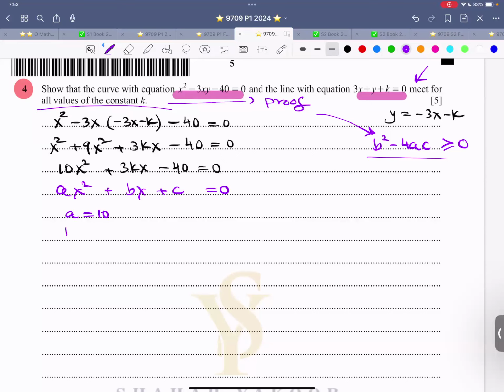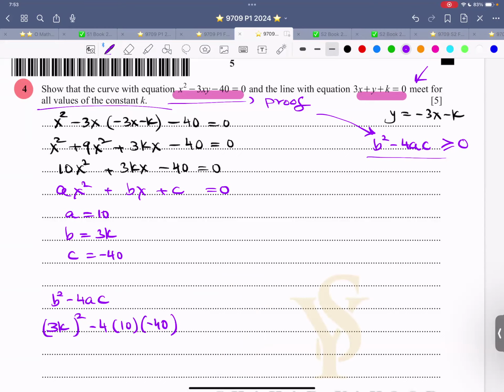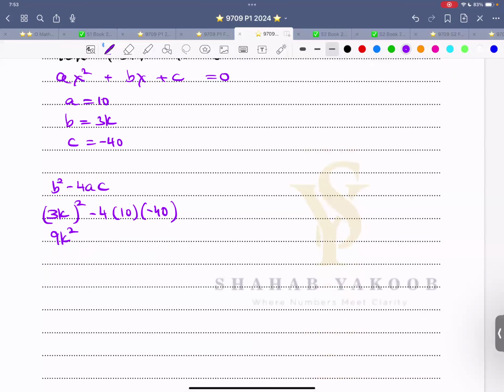A is 10, b is 3k, c is negative 40. Therefore, b squared minus 4ac, that is 3k whole squared minus 4 into 10 into minus 40. So this is 9k squared plus 1600. That is what we are getting.